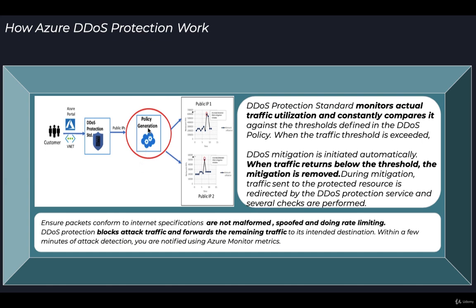And like we discussed, the Azure standard protection plan automatically applies three tuned mitigation policies, generally TCP SYN, TCP and UDP, for each public IP address of the protected resource. So this is how DDoS protection works, defined in the DDoS protection policy, which sets the threshold based on the data flow or through machine learning.